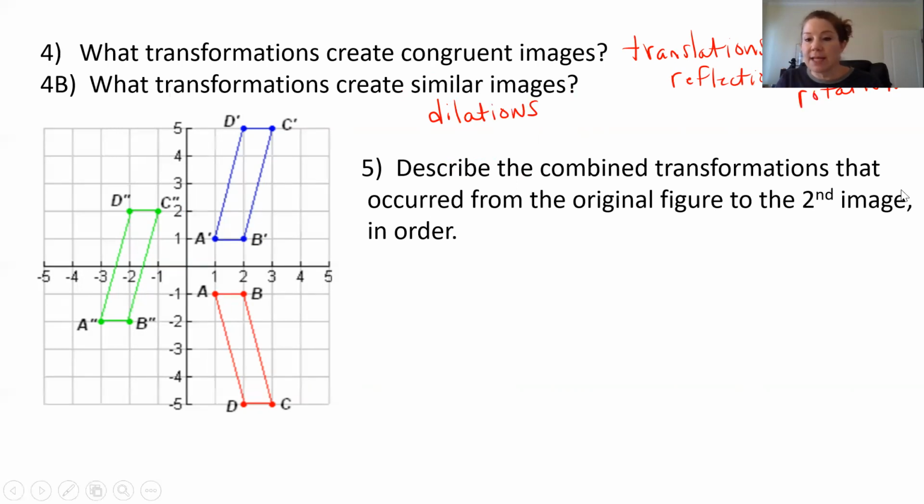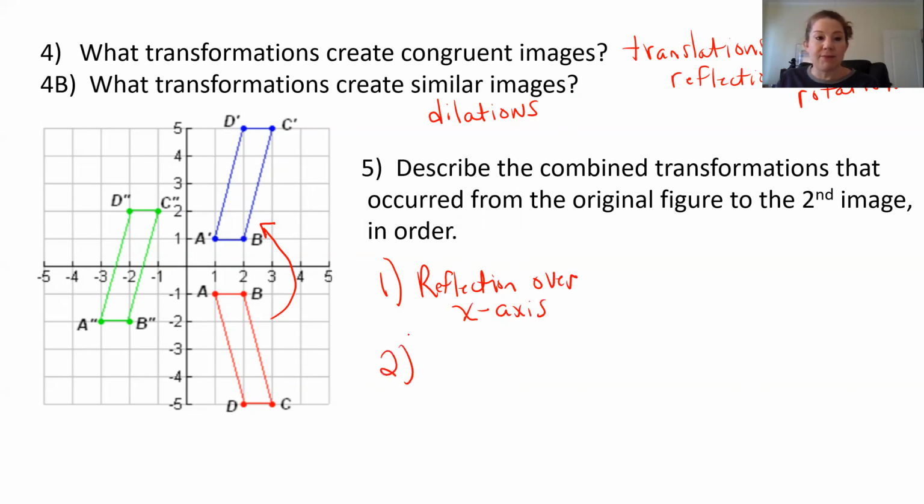Number 5, describe the combined transformations that occurred from the original figure to the second image. Let's find our original without any prime marks. That would be the red one down here, polygon ABCD. First, it got flipped up here, right? So the first thing that happened was a reflection over the x-axis.